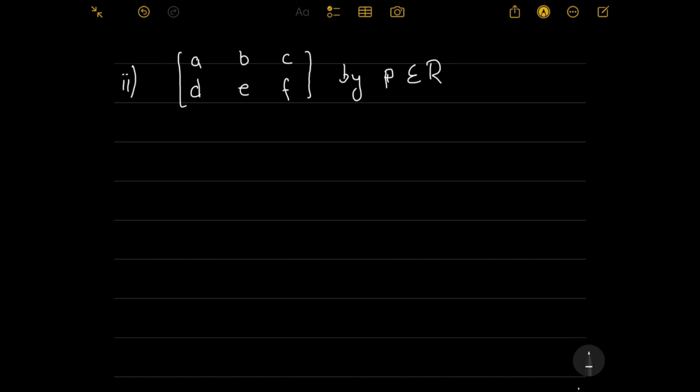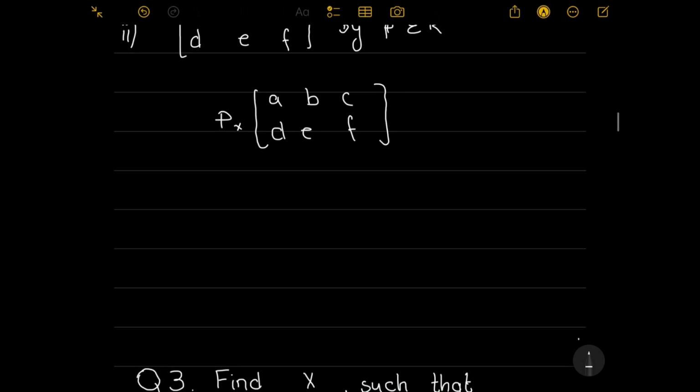Here we don't have real numbers, we have variables. So let's just pretend that these are real numbers, so that we multiply the given matrix by p, which is a real number. So p is any real number, so we're going to multiply it with the matrix with a, b, c, d, e, and f.